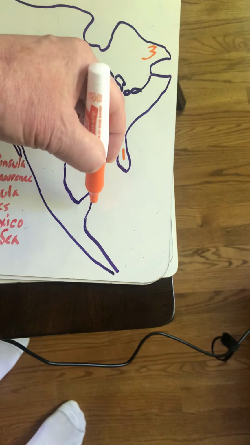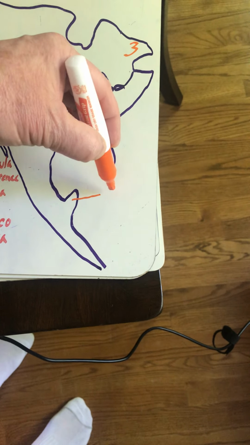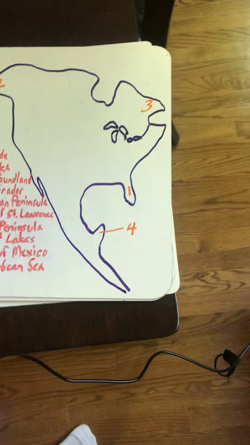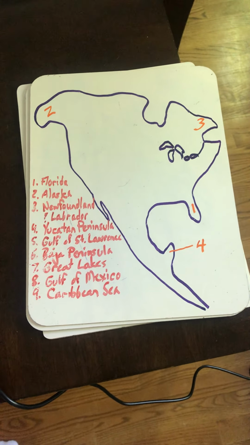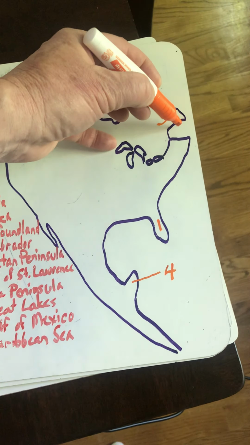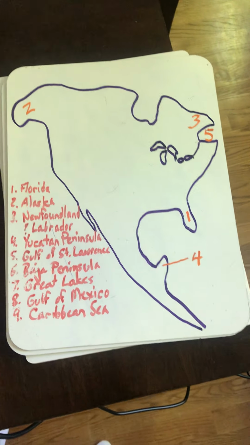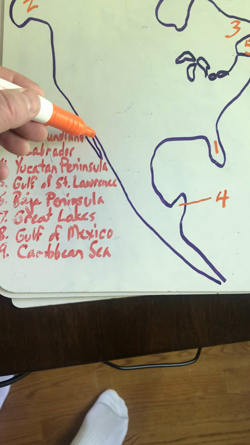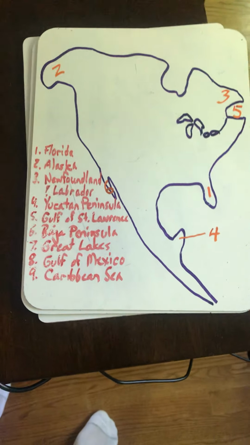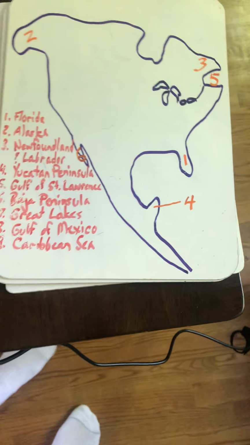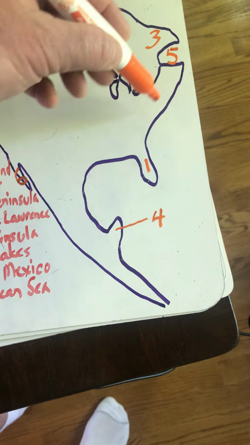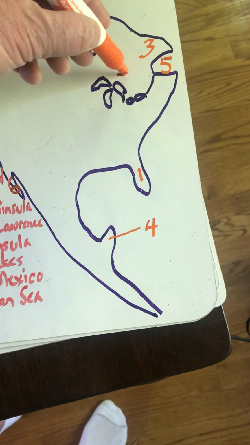The Yucatan Peninsula, I'm going to draw a line to it, 4. The Gulf of St. Lawrence, 5. The Baja Peninsula, 6. The Great Lakes, for this whole region here, I'm not going to make a circle, but that is 7.